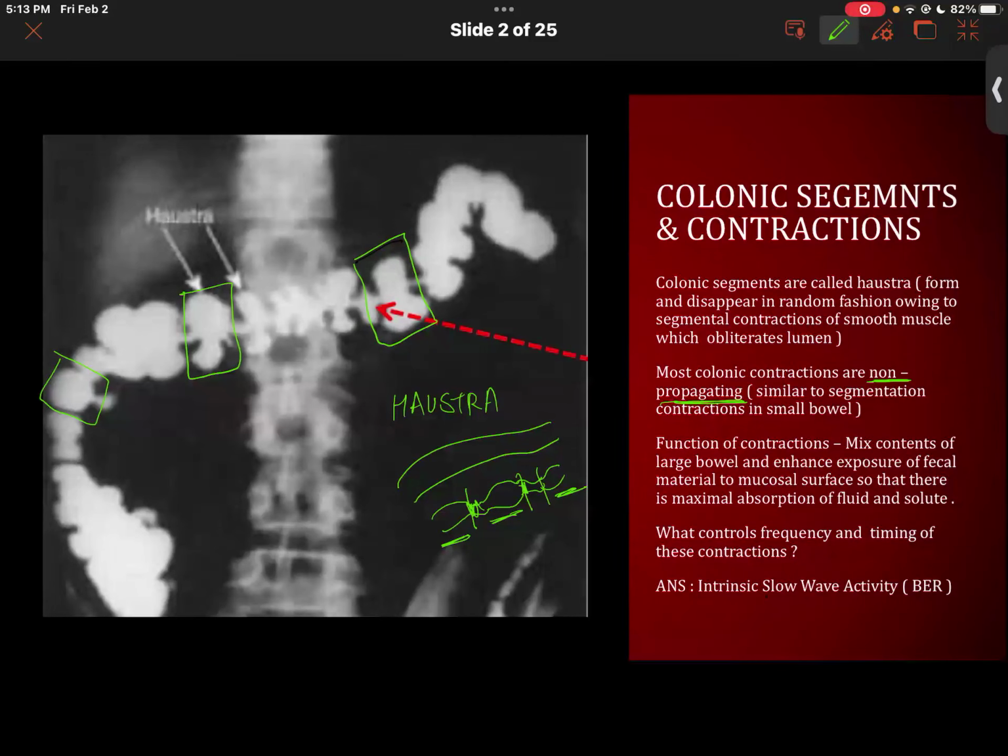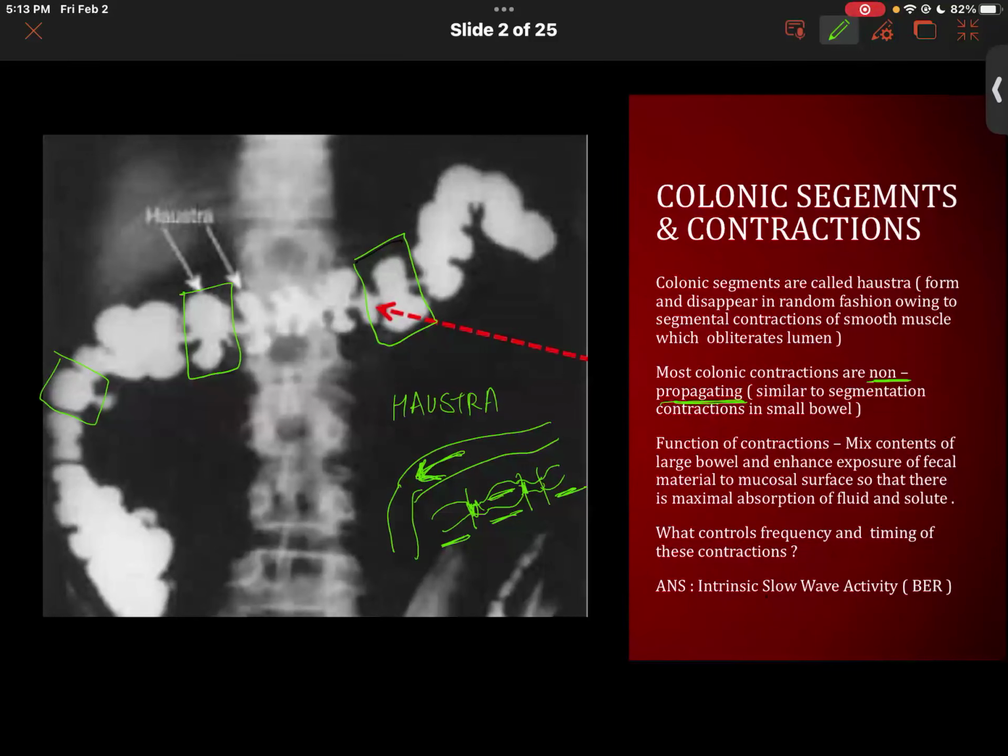Let's imagine this is the direction towards the anus eventually. If it's moving, then the contraction is propagating. But if it's non-propagating, such as in most cases, that means it isn't moving. It's just present in one haustra, and it's moving within that haustra and getting mixed.